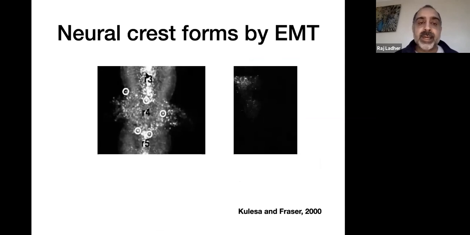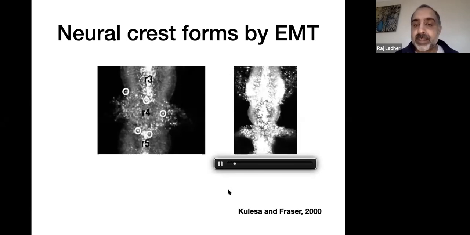And you can see here bits of the hindbrain. What you're looking at is R3, R4, and R5. The neural crest has been stained in so that it's fluorescent. And this movie will show you the neural crest being born in rhombomere 3 and 5, and then migrating out into various streams. And so let's play this again.